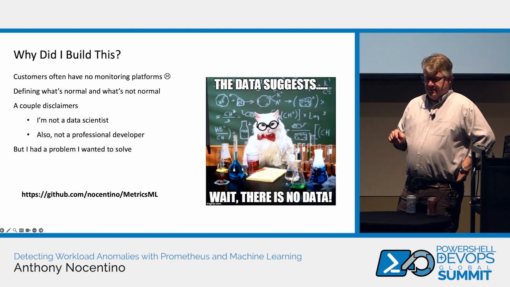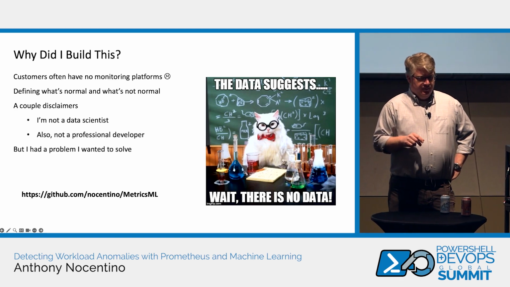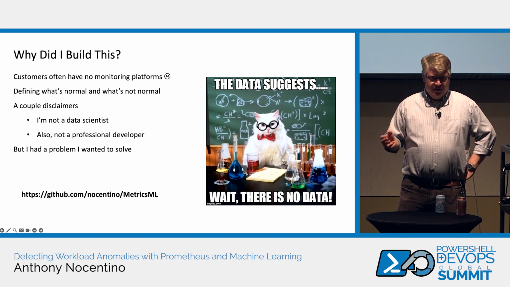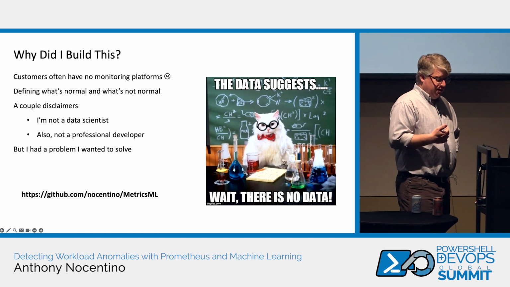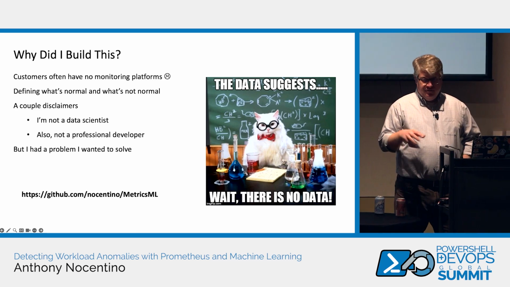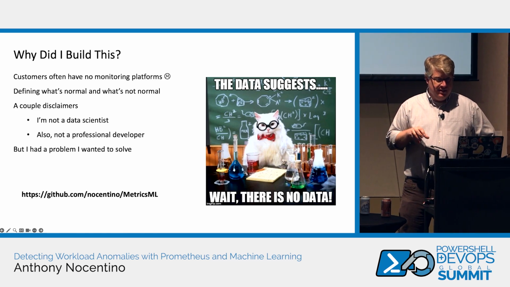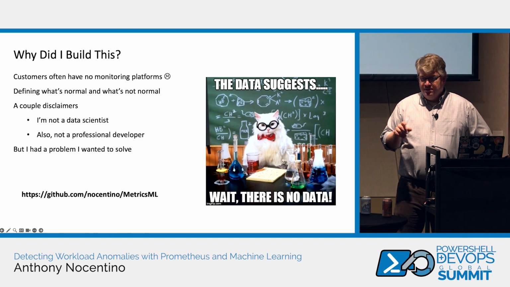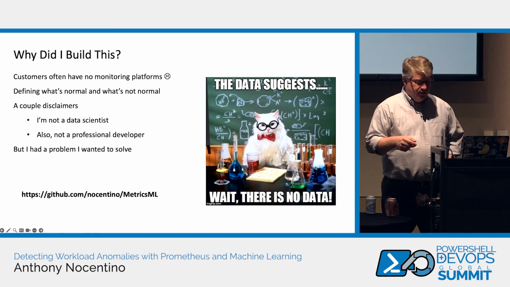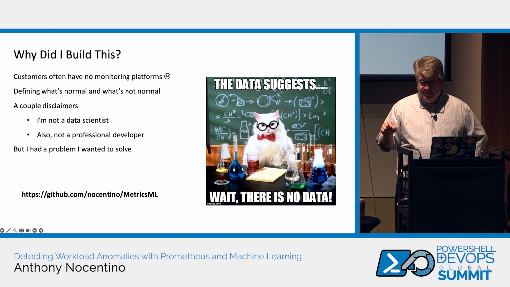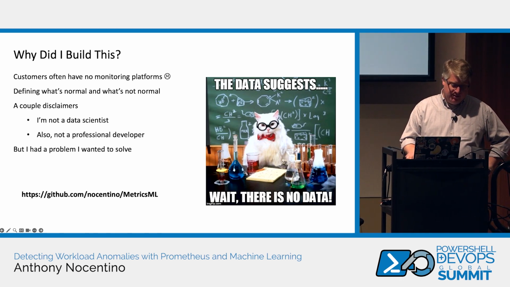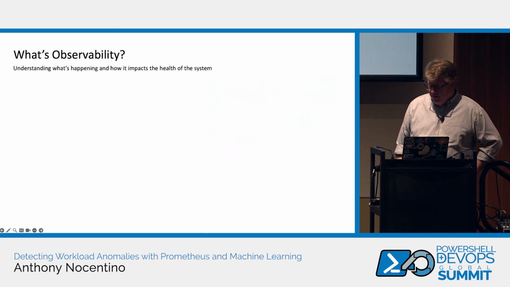And so I took some of the things that I've built with Grafana and Prometheus and all of that, and I augmented that with machine learning. But as I said earlier, I'm not a data scientist, so I wanted to go find something off the shelf to use to help plug into this platform so that I could do the machine learning stuff that I wanted to do, predictions on the data that's coming into Prometheus and Grafana from our systems.